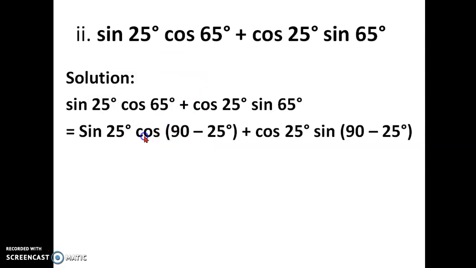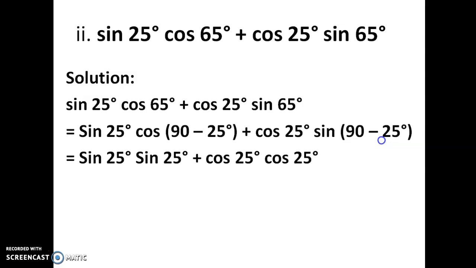So cos 65 will be written as cos of 90 minus 25. Similarly, here sine 65 is written as sine of 90 minus 25. In the next step you will get sine 25 into sine 25 plus cos 25 into cos 25.